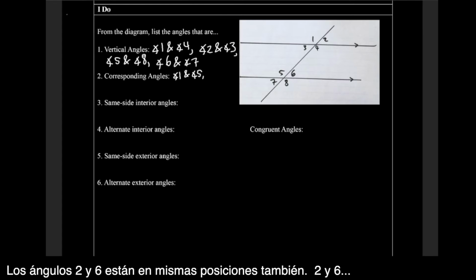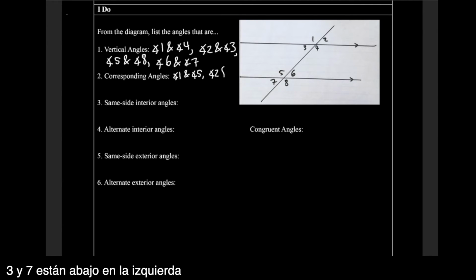And then we also have 2 and 6. They're in the same position, upper right hand, so angle 2 and angle 6. And then 3 and 7, same bottom left corner. So angle 3 and angle 7. And then the last two that we have are 4 and 8.